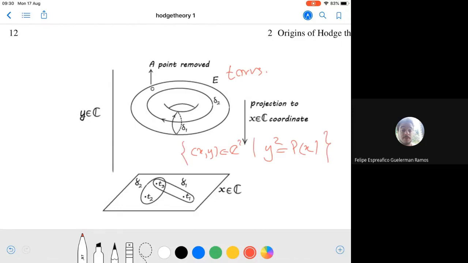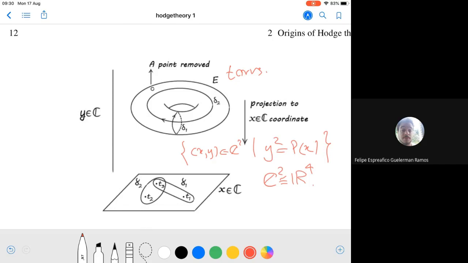The point is that it is embedded in C2, but C2 is R4, because each coordinate has a real and imaginary part. And it's not at all clear what this object looks like.